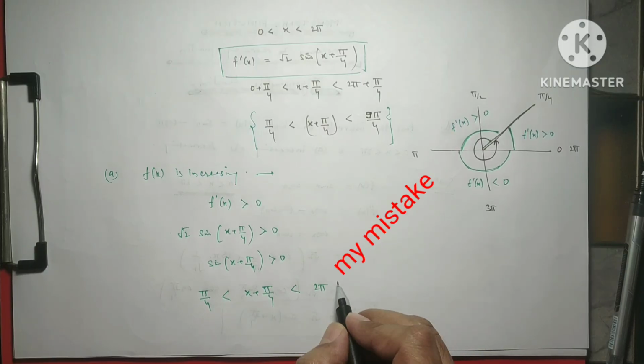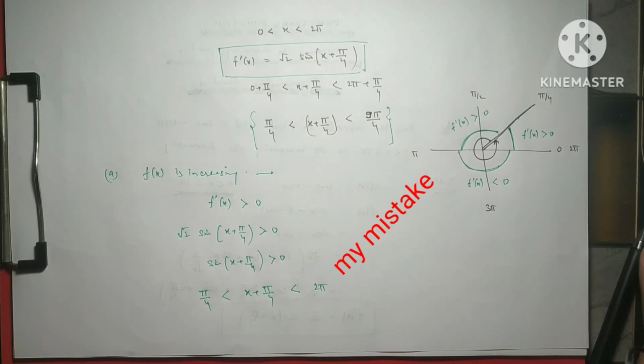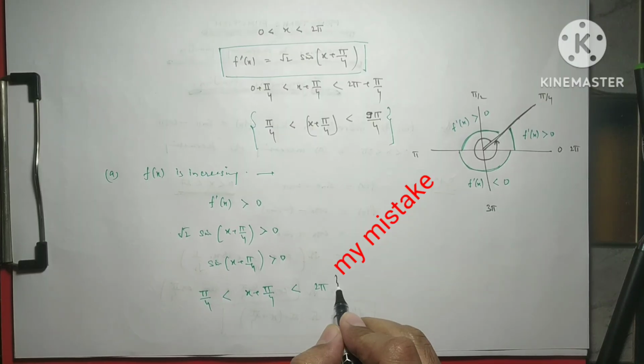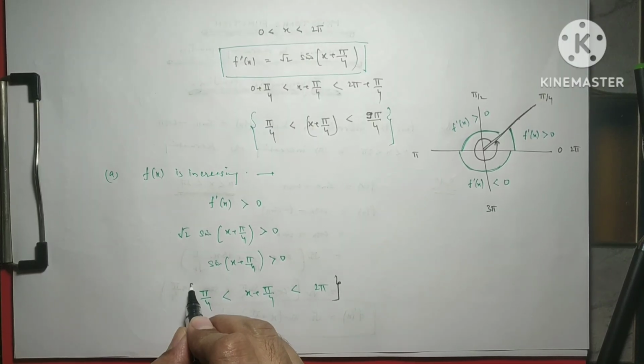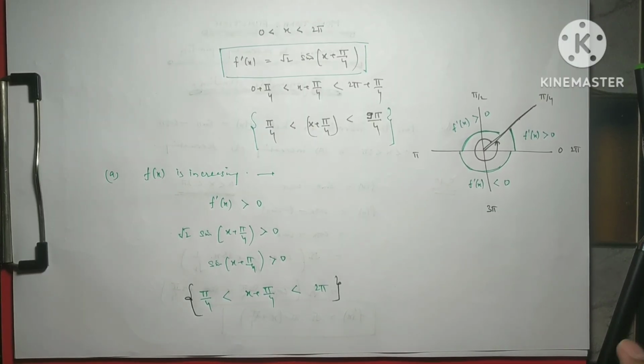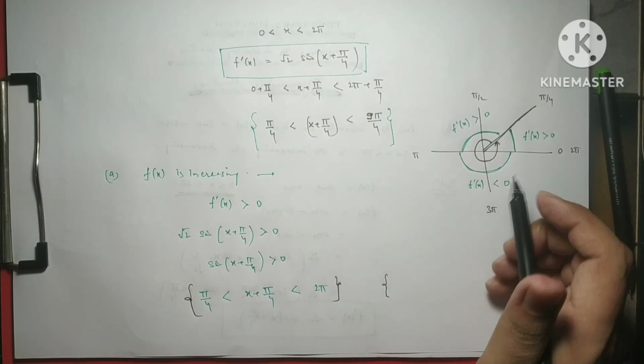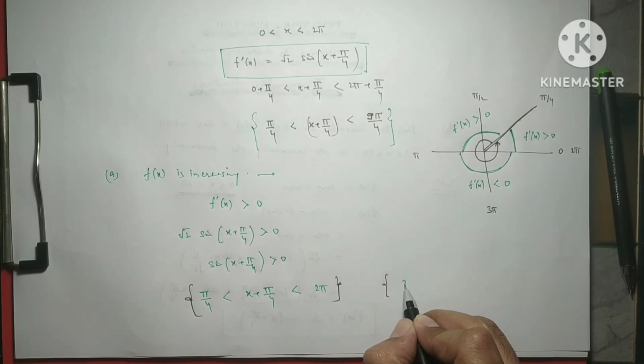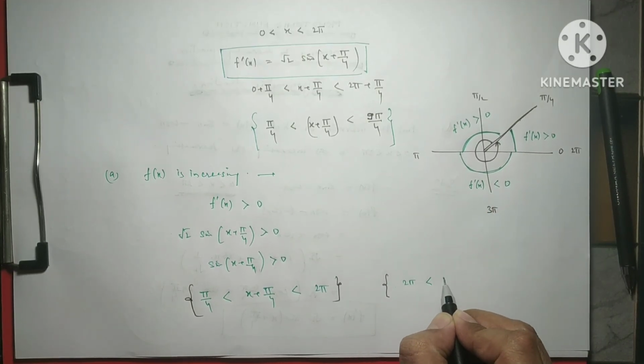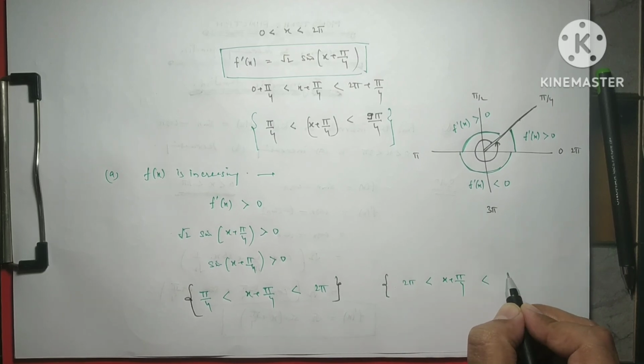And the second range at which f dash x is greater than 0 is from 2 pi to 9 pi by 4, for x plus pi by 4.